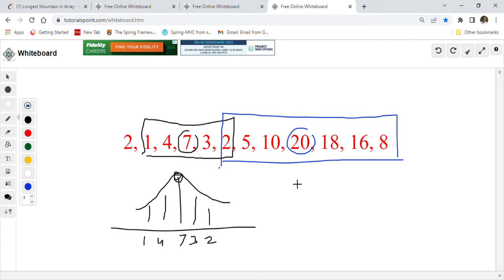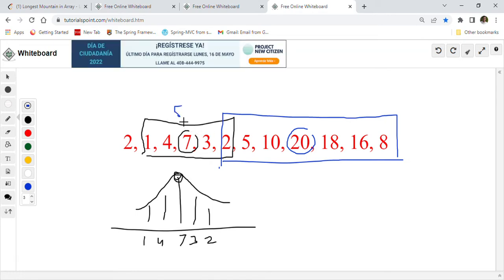So what the problem is asking us to do is, for the first mountain array that I showed you, the length is 5. The second mountain array length is 7. How many elements are there? 1 2 3 4 5 6 7. So they are asking us to find out the longest one among these mountain arrays. The longest one here is 7, so we have to return 7 as the answer.